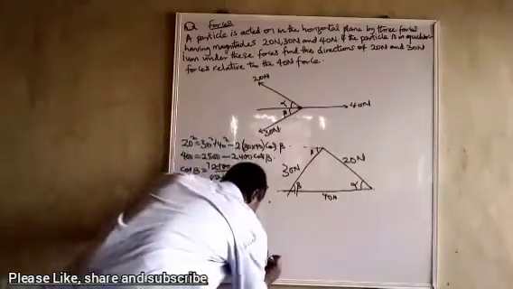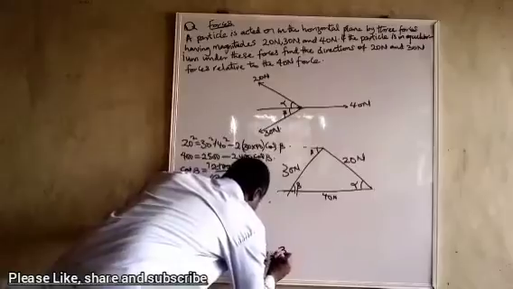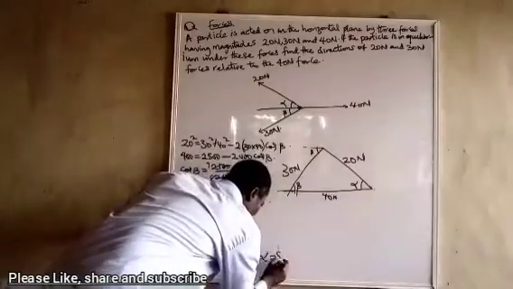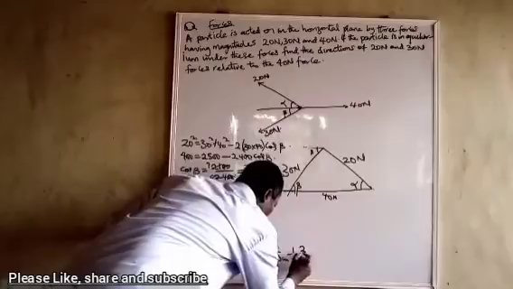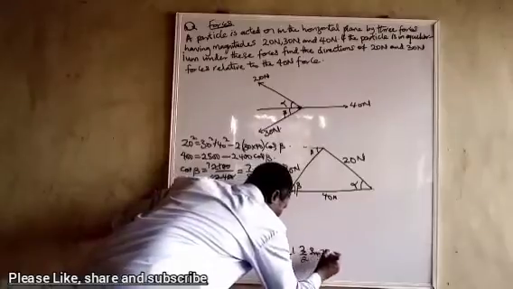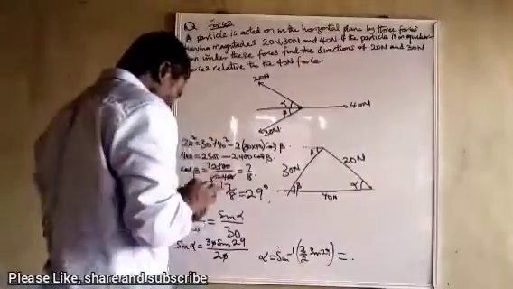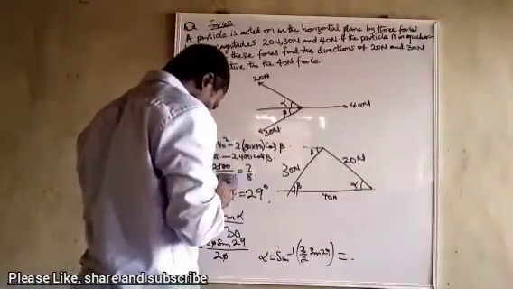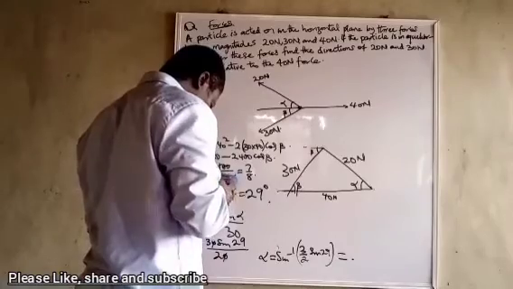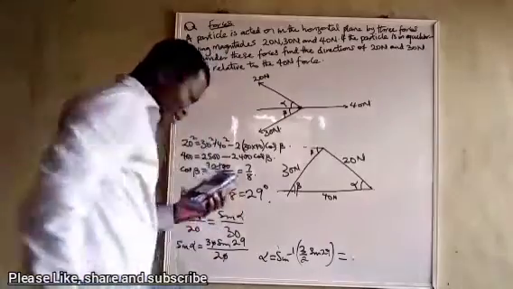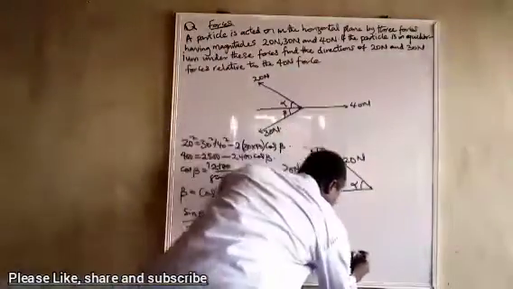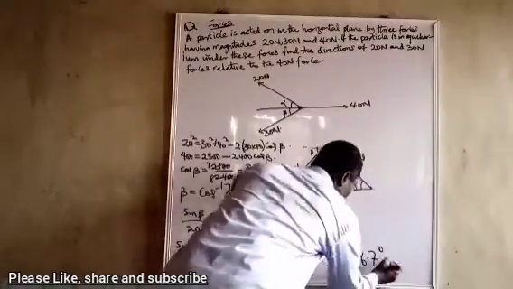Therefore, alpha will be equal to arc sine of 3 over 2 sine 29. What does that give me? That is 46.7 degrees.